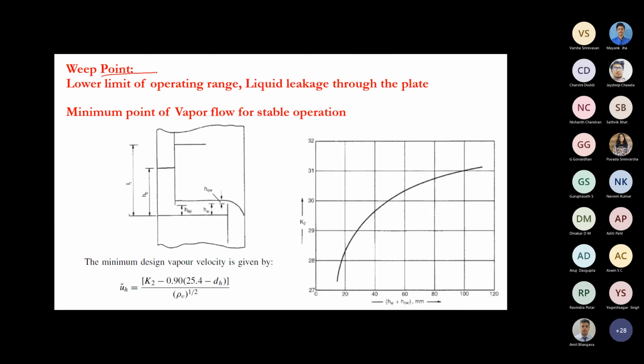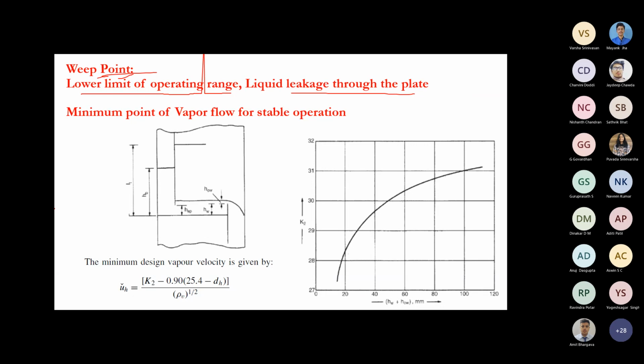Okay, so next is the V point. V point means that is the minimum velocity, the lower limit of operating range, with liquid leakage through the plate. We know the V point in the tray stability diagram. When you operate the column at a lower vapor flow rate, what will happen? The vapor doesn't have energy to overcome the liquid, so it won't flow through the holes, sieves, or through the riser.